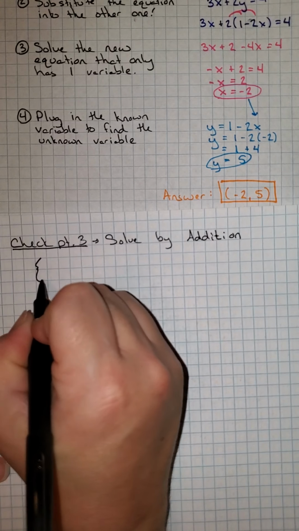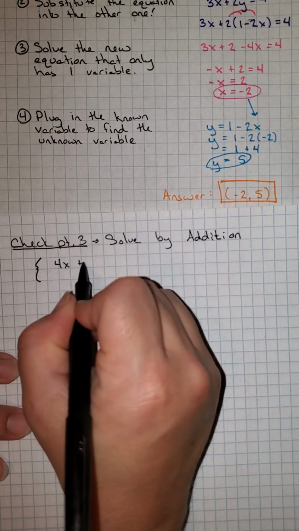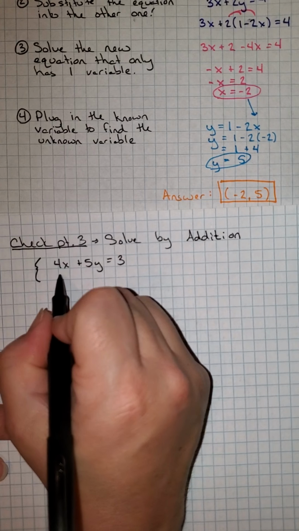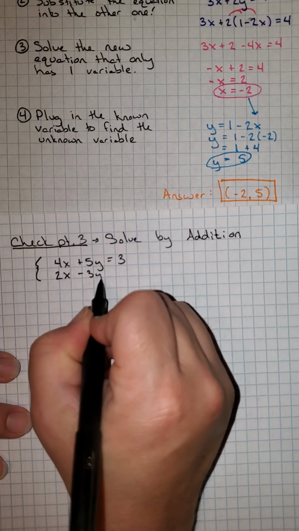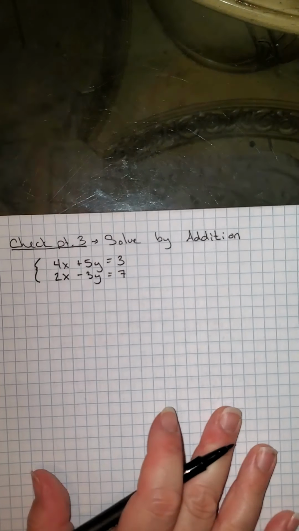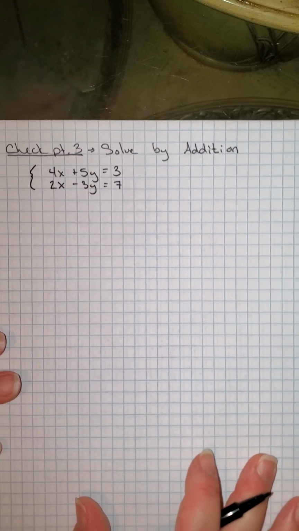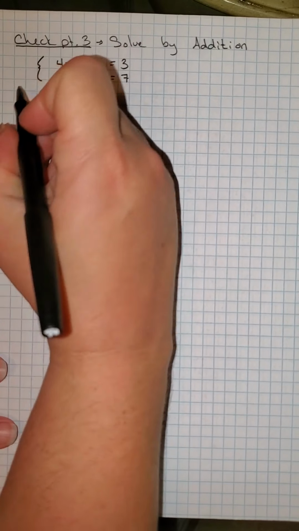Alright, for checkpoint 3, we are given 4x plus 5y equals 3, and 2x minus 3y equals 7. So the first thing you want to do is make sure they're in ax plus by equals c form, which these are, so we're good to go.